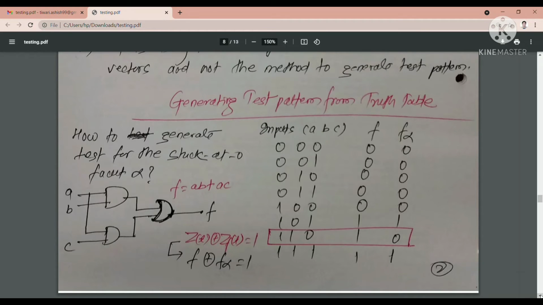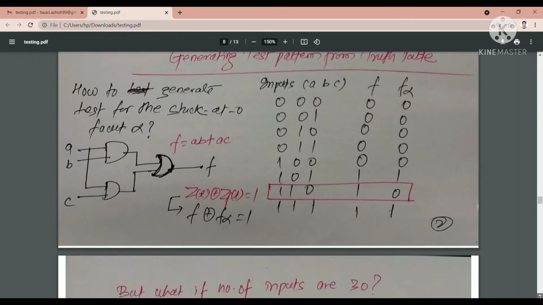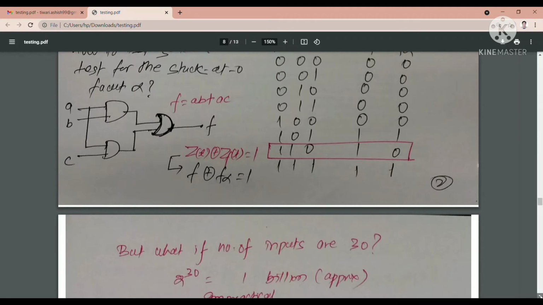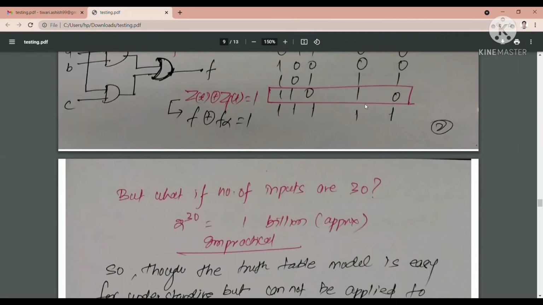But here I am talking about the very small function AB plus AC. What about functions in a combinational circuit which has a large number of inputs? Here we are talking about 3 inputs only, A, B, and C. But what if the number of inputs is 30?